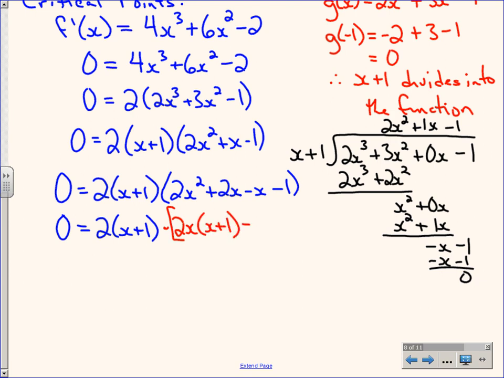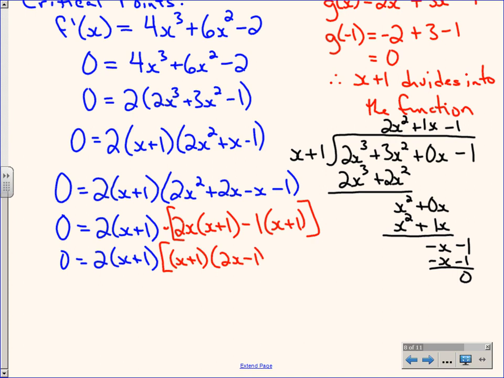This is more factoring by grouping right here. There we go. That was a lot of work actually to factor that.